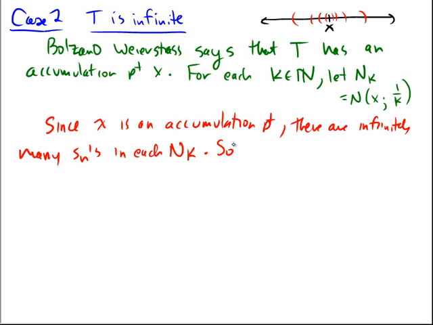So let's just define a sequence now. We will choose s_{n_1} to be really anything that's in N_1, any one of these elements from the sequence that are in N_1.